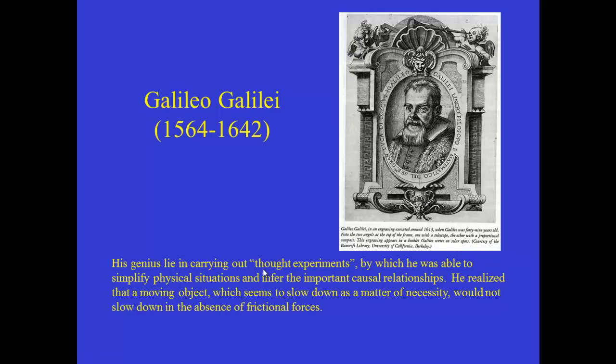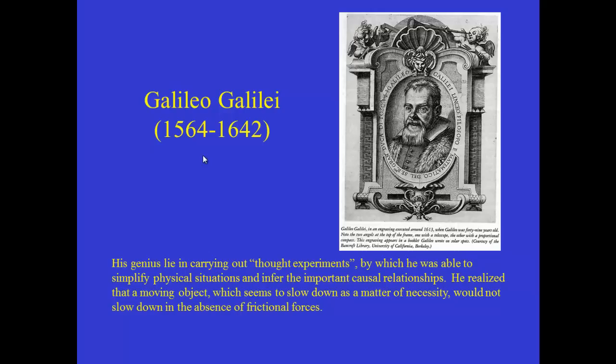And as I understand it, Galileo imagined that you could have a chunk of ice that you would throw across a frozen lake, where it would encounter very little, if any, frictional force. So Galileo realized, by thinking about things like that, that a moving object, which actually seems to slow down, because as objects move, if we wait long enough, we observe them slow down.